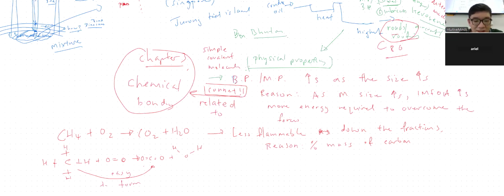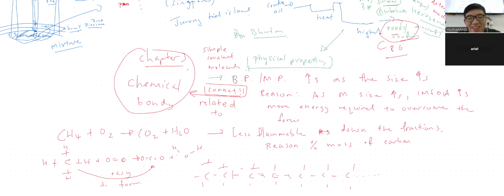Whereas if you look at other things, actually those are still quite flammable. Let's say you look at a 10 carbon chain. You would have to break all of these bonds. Break, break, break, break, break, break, break, break, break.